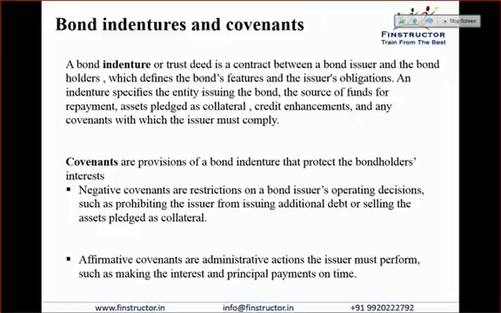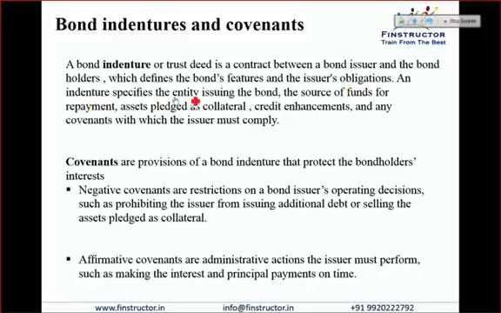Now, bonds are generally issued with indentures and covenants. A bond indenture or trust deed is a contract between the bond issuer and the bondholders, which defines all the features that we discussed previously and the issuer's or the borrower's obligations.